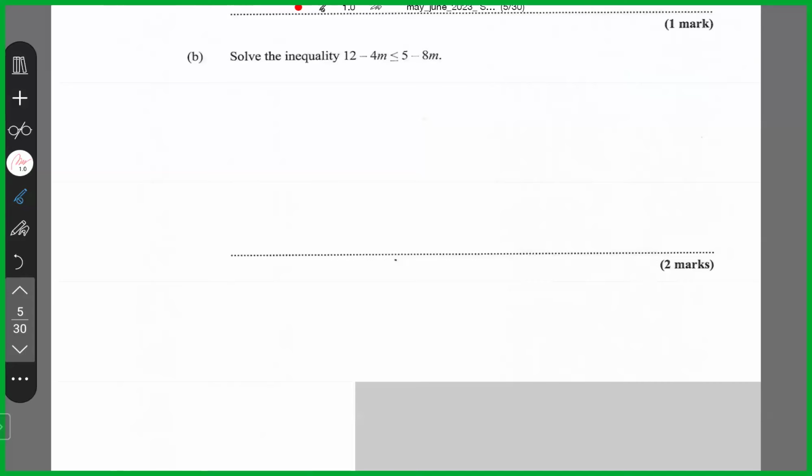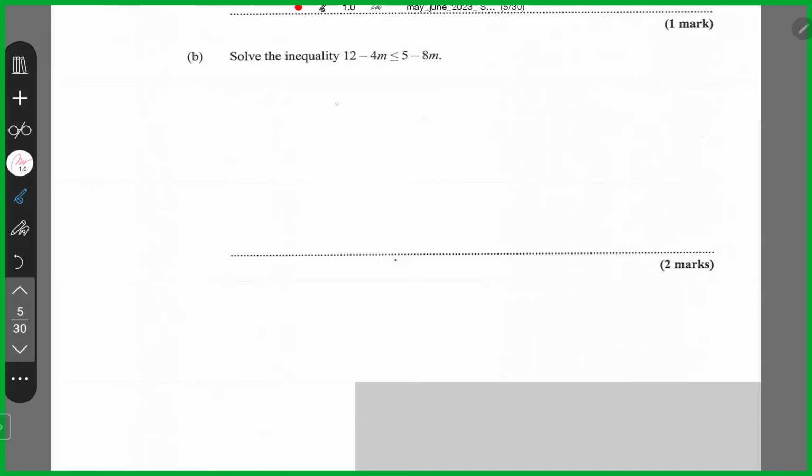Now, the steps you take to solve an inequality are identical to the steps you would take to solve an equation, but with one exception. So let us see if the exception will play out in this question. So the first thing I want to do is get every term with m in it on one side.